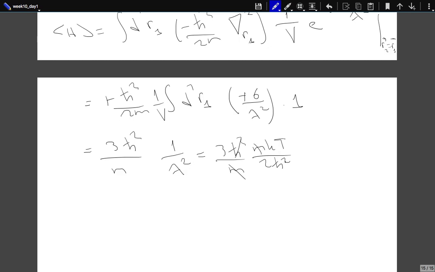So the m's cancel, the h bar squares cancel, and we are left with 3 over 2 kT, which is the result that we had already known.